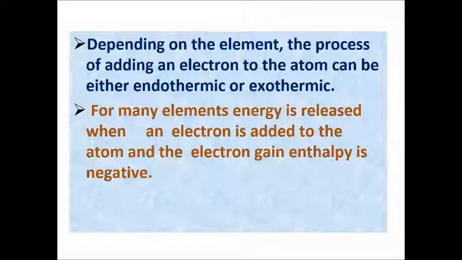When heat energy is absorbed or taken in, it is said to be an endothermic reaction. For many elements, the energy released when an electron is added to the atom, the electron gain enthalpy, is negative. Remember this point, the electron gain enthalpy will be negative.